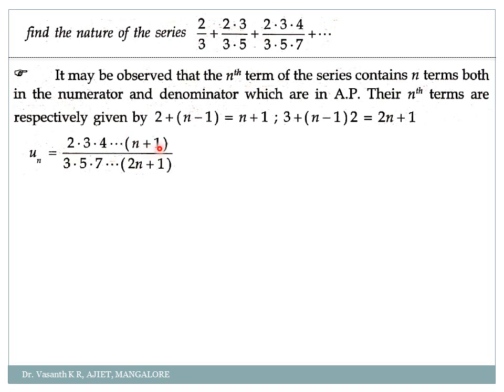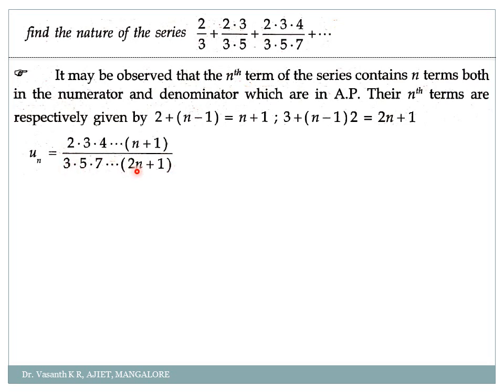See, if you write n plus 1, I'll get 2, 3, 4, 5, 6, 7, correct? So take n equal to 1, 2. Take n equal to 2. 2 plus 1, 3. Take n equal to 3. 3 plus 1, 4. But here if you check, I want 3. After 3 I should get 5. After 5 I should get 7, correct? So what should I write the nth term? So we should write it as, if you write only n plus 2 here, instead of 2n plus 1, if you write n plus 2, what will happen? What will happen here? So n plus 2, take n equal to 1.